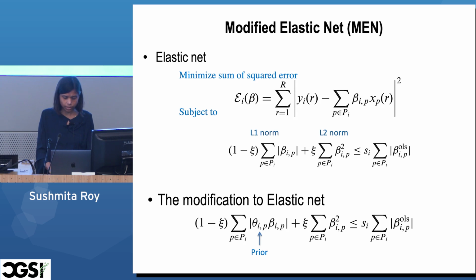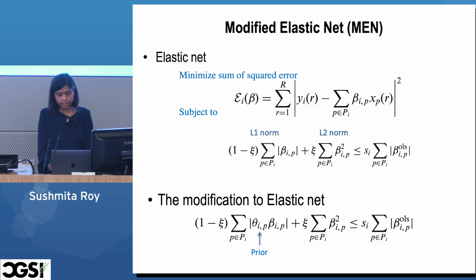So just to tell you a little bit more about that. This is one of their implementations. This is called modified elastic net. This is the objective. This is the overall error. So y_i, so i is the gene whose expression we are trying to explain. This is the overall error that you are trying to minimize, and these are the different regularization terms. And so this is an elastic net penalty.